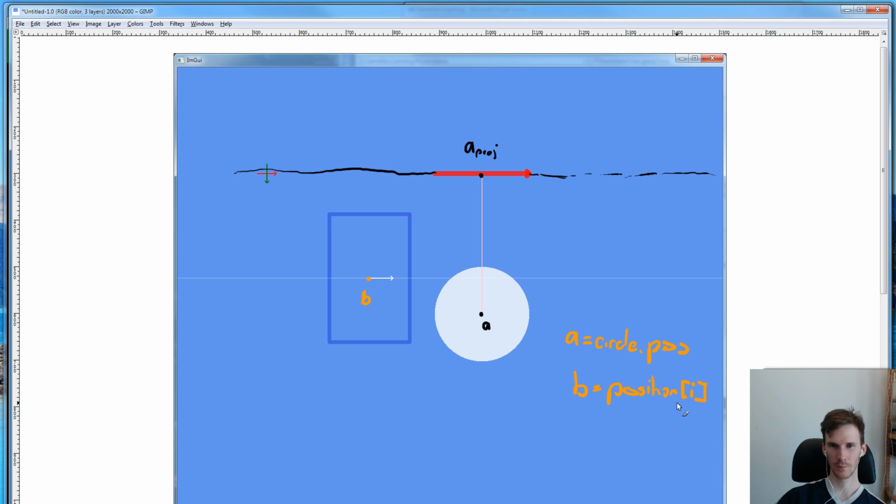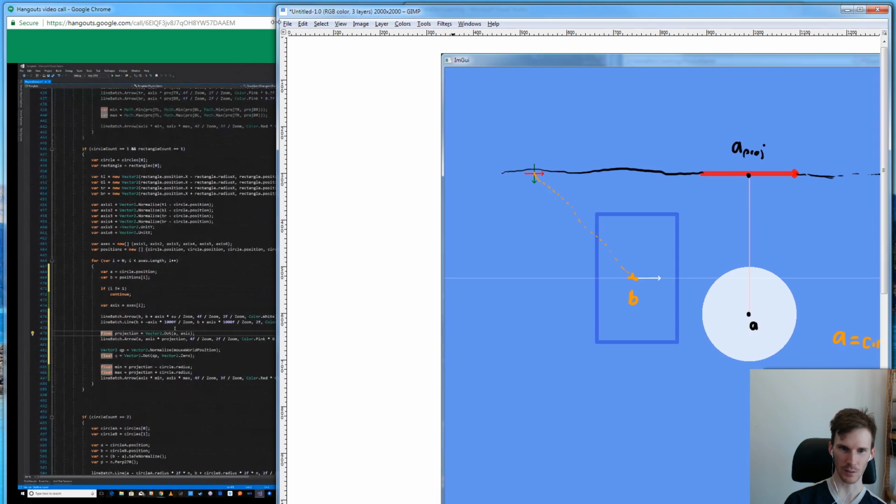There's A, and this is B. So are we happy? I want to have this diagram up. Let's try and do both at the same time.